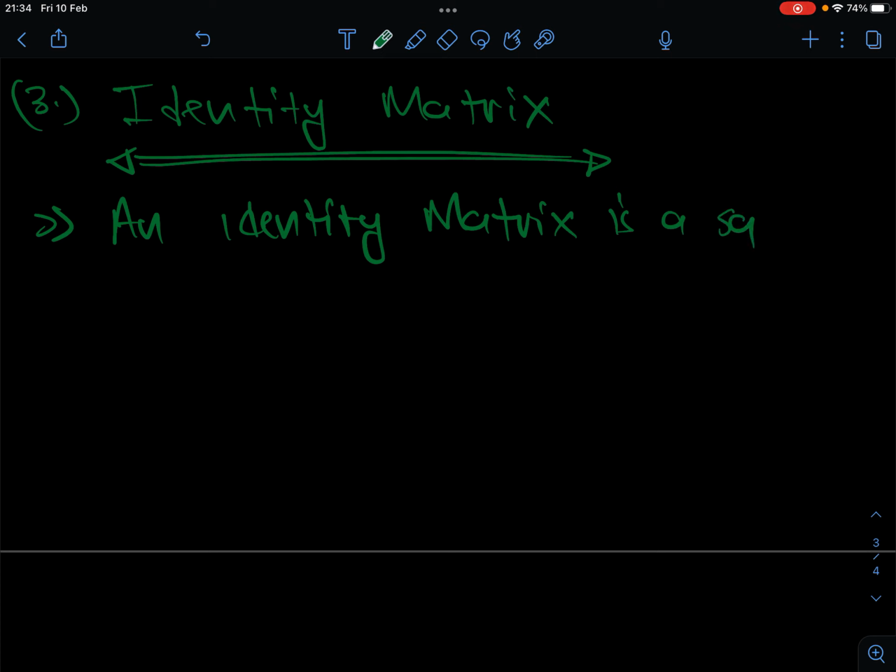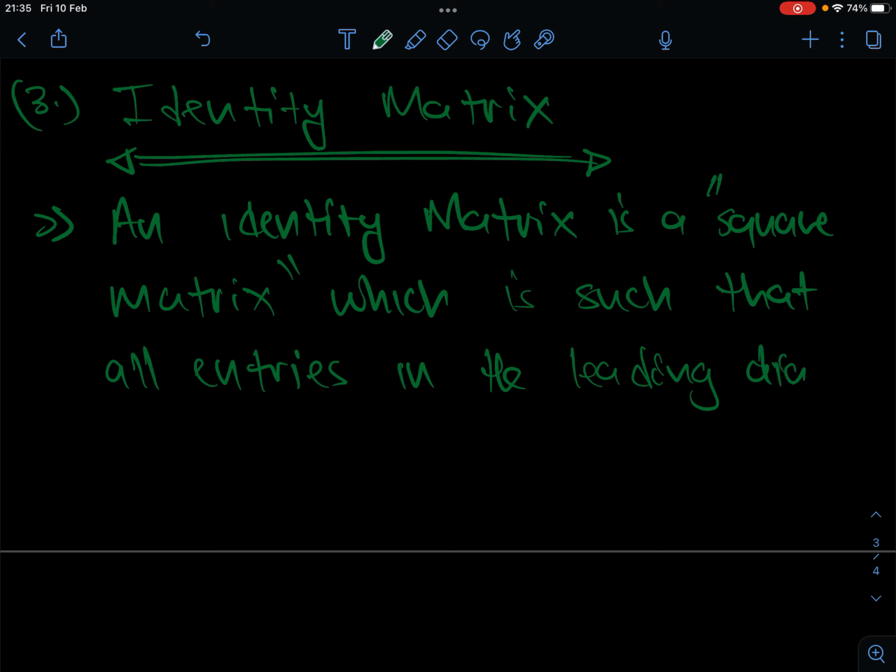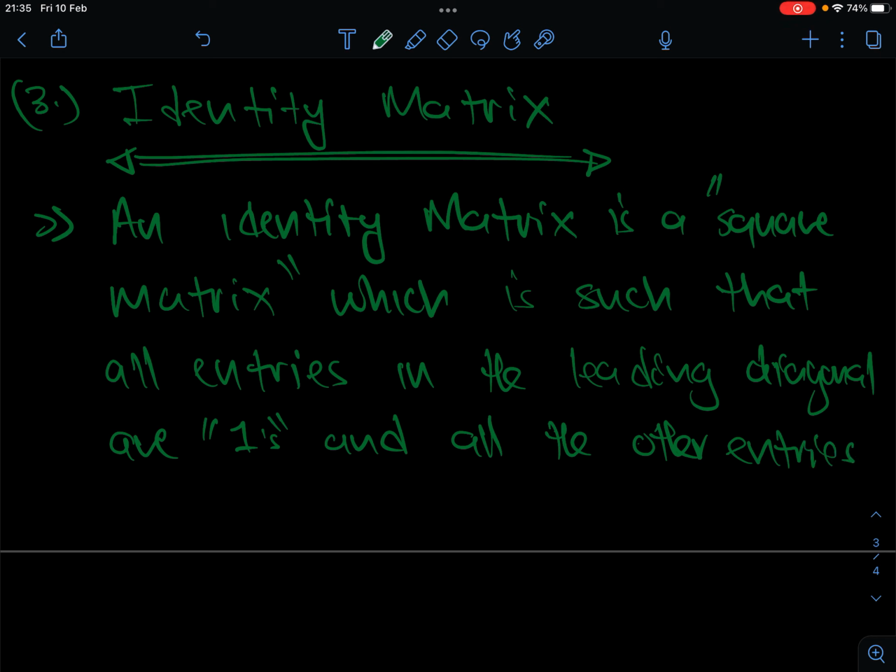An identity matrix is a square matrix, you see that? So it is a square matrix which is such that all entries in the leading diagonal are ones and all the other entries being 0.